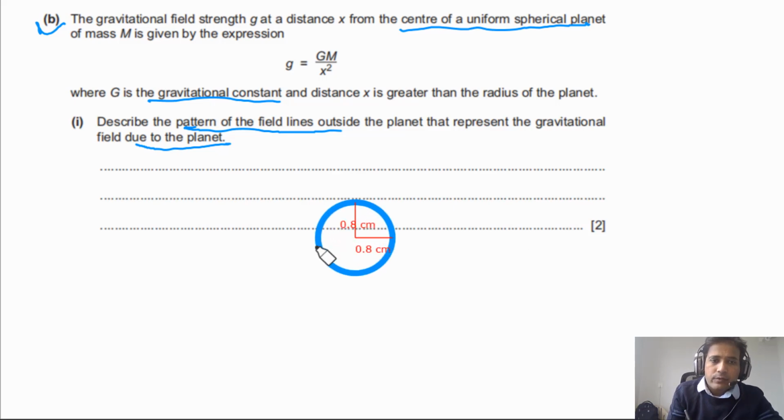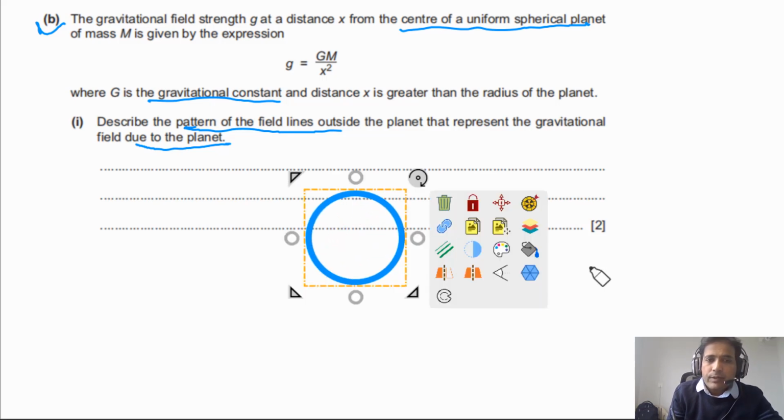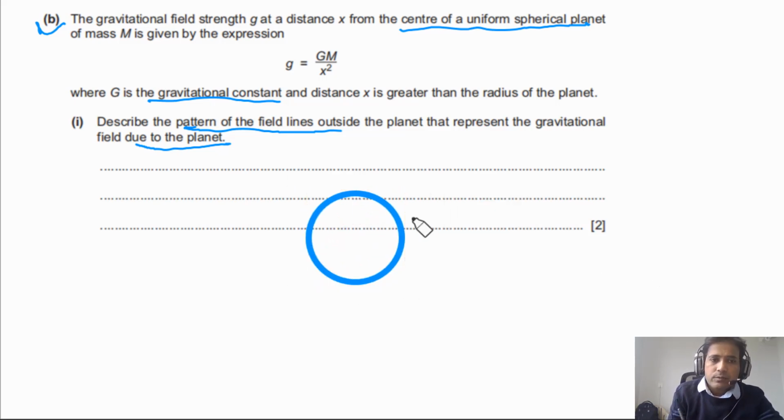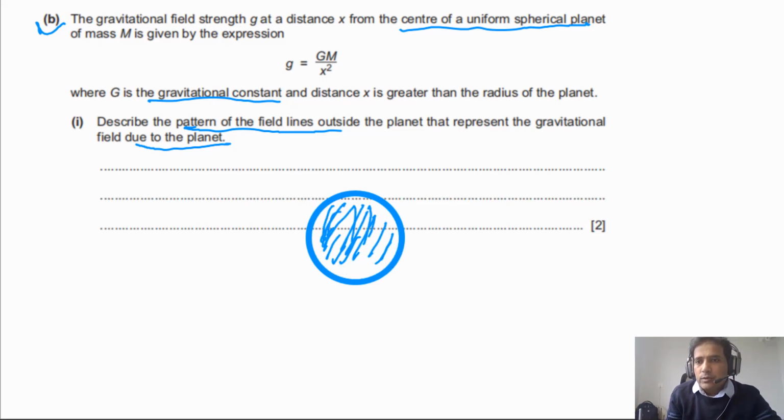First of all, imagine this is the planet, and it is not hollow. Now we need to draw the gravitational field lines. Gravity is an attractive force, so you need to draw the arrows inwards.